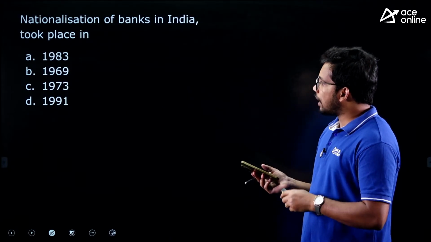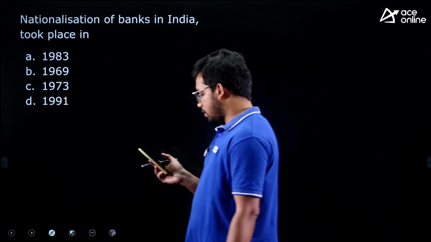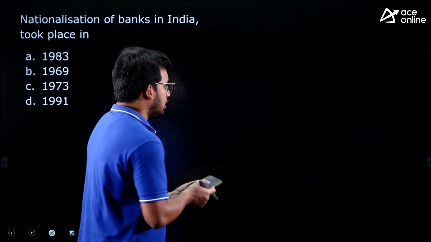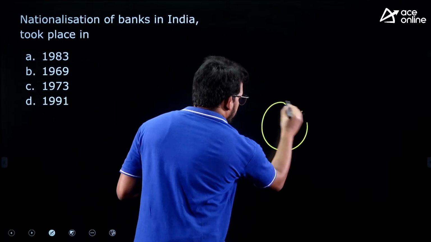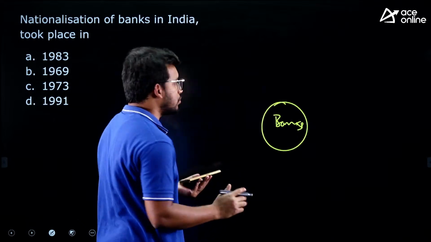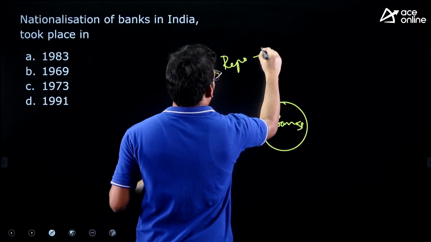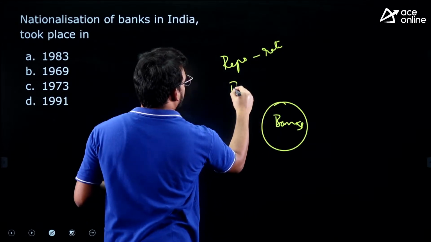If you have confusion, I will discuss again. Banks also need money. I am just quickly revising it. There may be confusion. There are two things, repo rate and reverse repo rate.